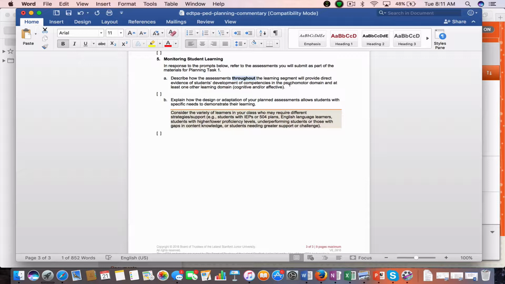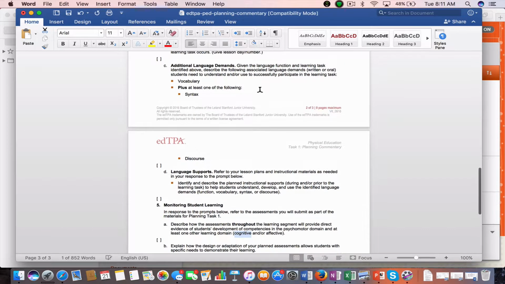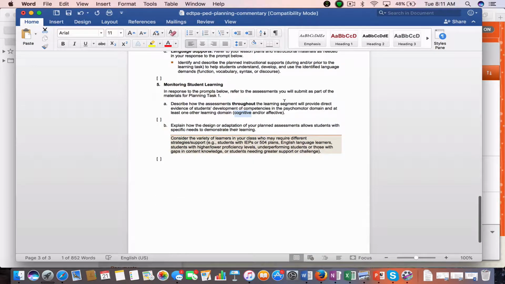For phys ed, you're working in the psychomotor, and then choose one. For phys ed, it's important to choose the cognitive domain because that hits your academic language. It just makes it easier for you. For everybody else, you're going to be asked to describe how the assessments that you have designed help demonstrate that students have met the learning objectives that you've set aside for them, either regarding literacy or math.